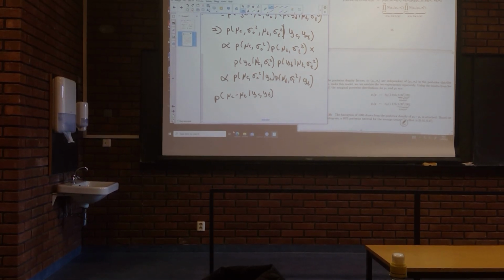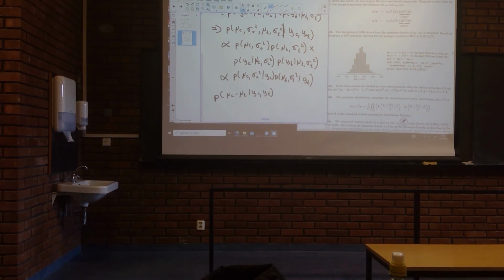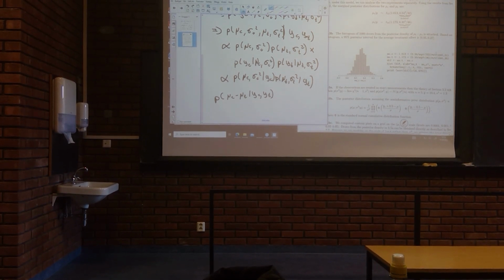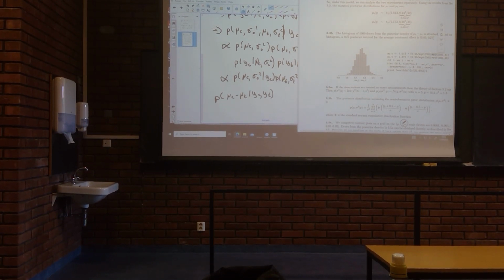And that's where simulation comes to the rescue, because it's very simple to simulate the difference. The only thing we need to do is to start by simulating a set of mu values from the posterior distribution of mu_c in the control group. And that is just by simulating a lot of t distributed variables. There's a routine in R called rt which does this for us.